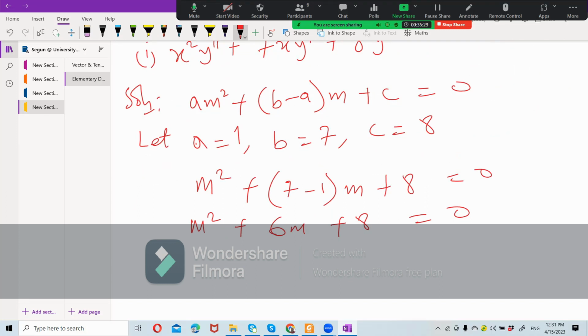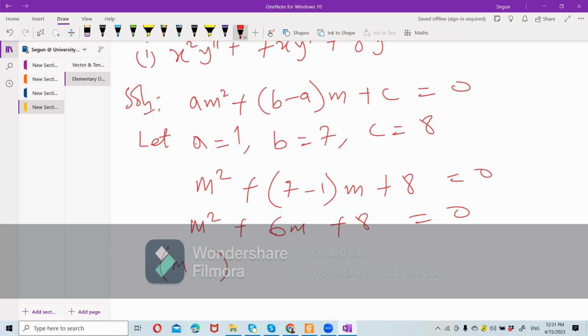So how do we break this one down? You can factorize this one. Who can tell us the factorization method? Anybody? 2 and 4. Anything you multiply that will give you 8, and when you add it together, it will give you 6. That is what you need.